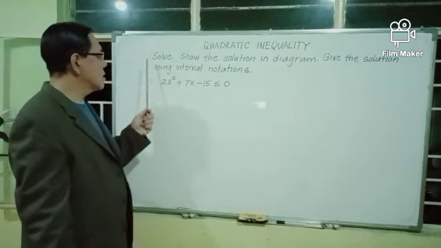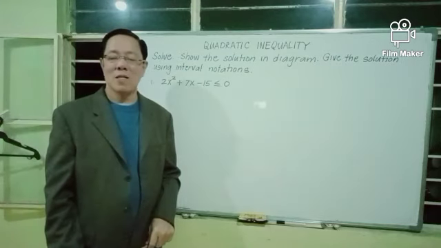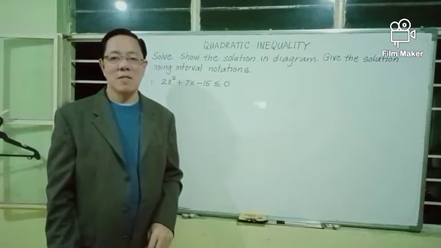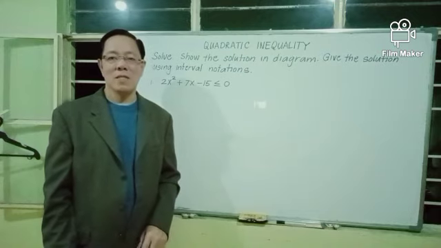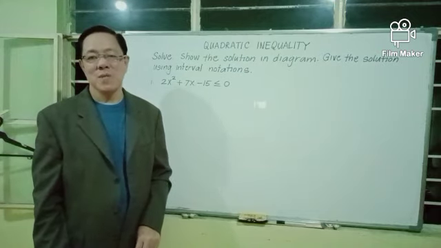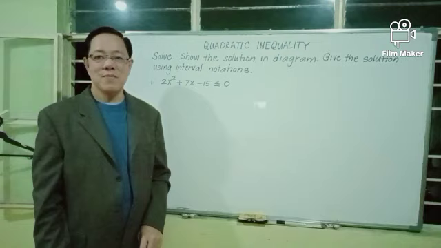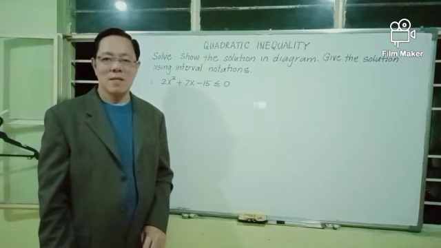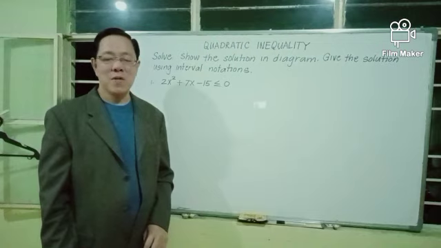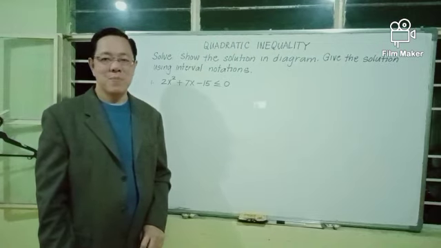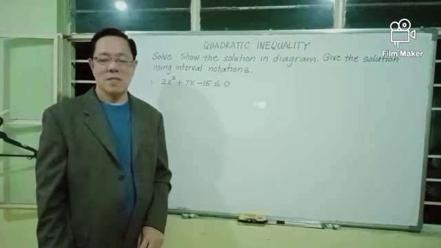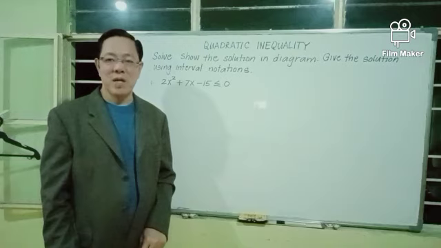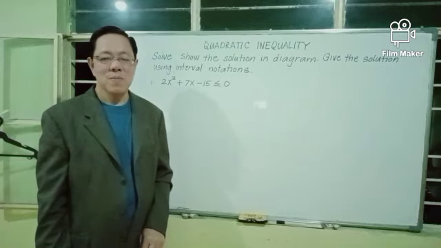Solve, that is, to find the values of x that will satisfy the given inequality. And you know that from our past lesson, we learned that the solution of inequality is a set of infinitely many values for the variable in the inequality.